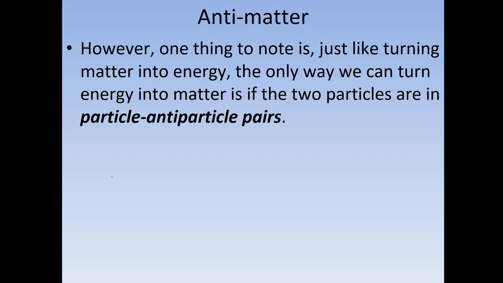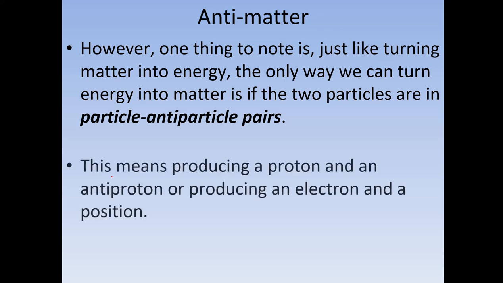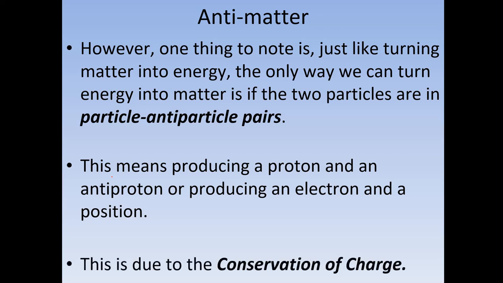I create a proton and an antiproton, or I create an electron and a positron. So this comes from the conservation of charge. Charge cannot be created or destroyed. So that one still holds true. So if I create a negative electron, I have to also create something positive that counterbalances it, and that's the positron.